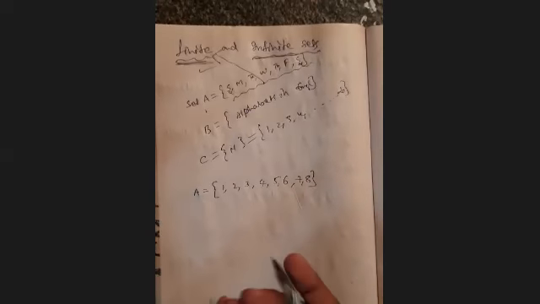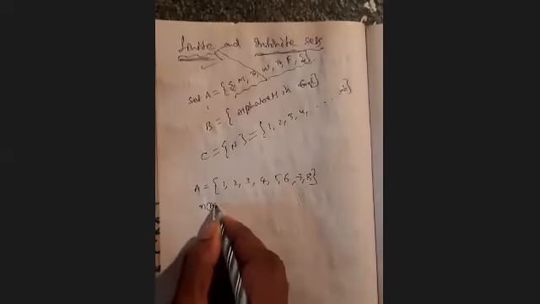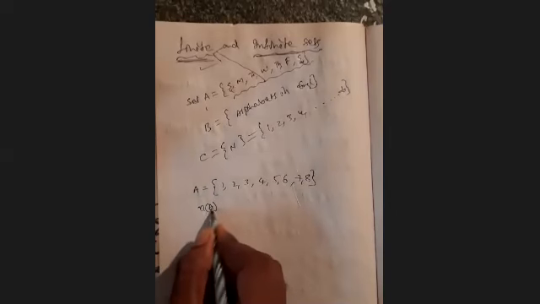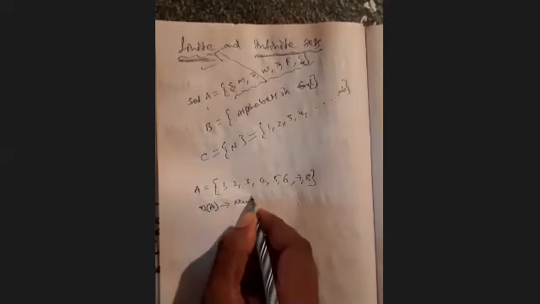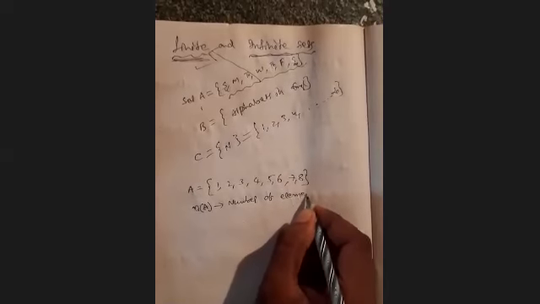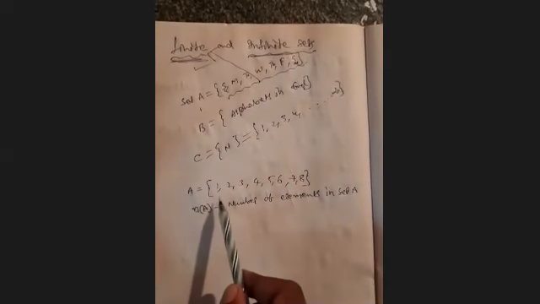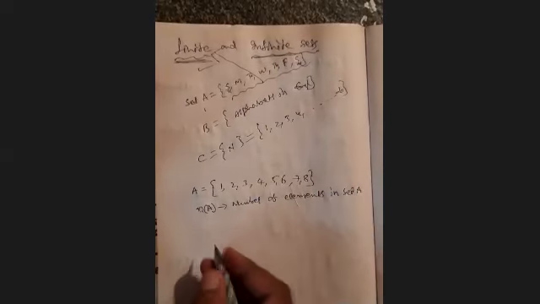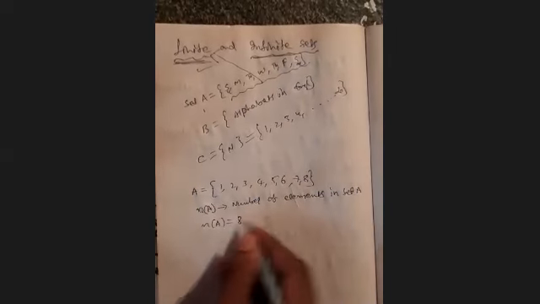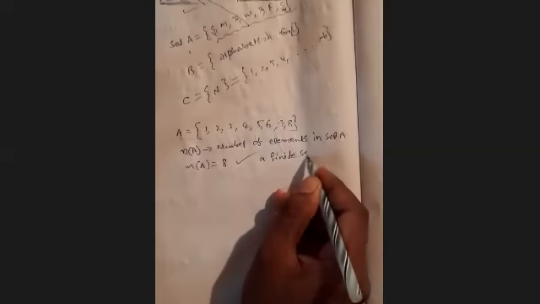Then we write n of A, the number of elements in set A. n of A is equal to 8, which is countable. Then we can say this is a finite set.